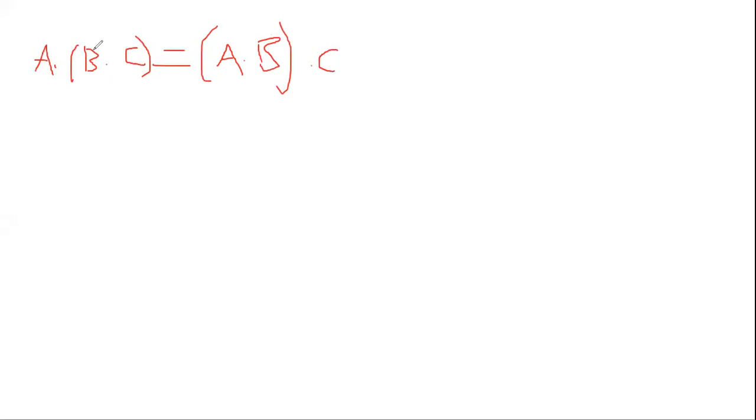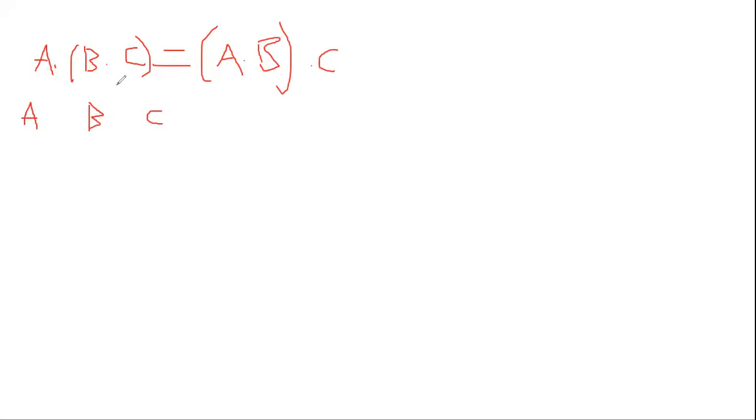But here we are using 3 variables, A, B, C. So how many combinations are we getting? Totally 2 cube, that means 8 combinations. Remember, if we use 2 inputs, that is 2 variables, then we get 4 combinations: 0 0, 0 1, 1 0, 1 1.